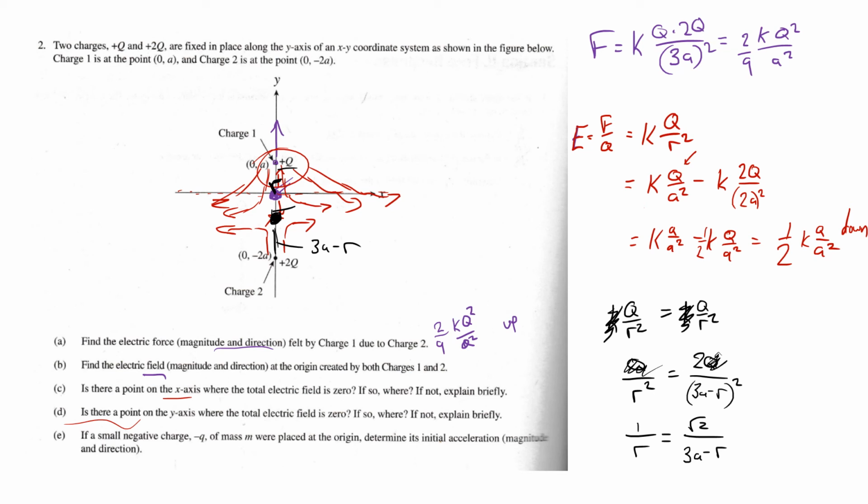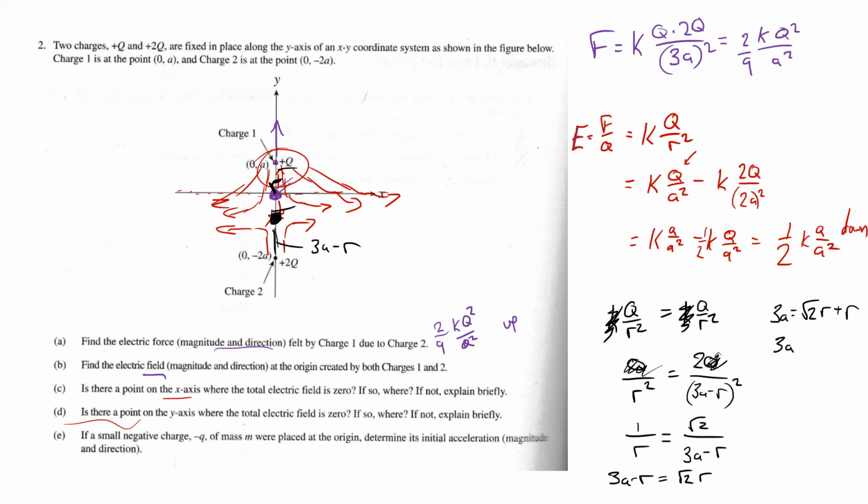So now crisscross multiply. We're going to get 3a minus r is equal to root 2 r. Solving for r, we're going to have them jump back over here. 3a is equal to root 2 r plus r.